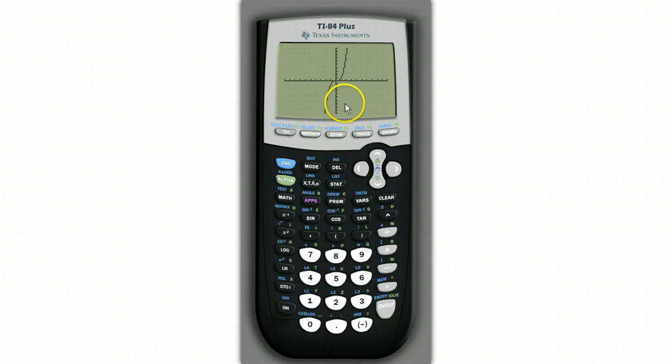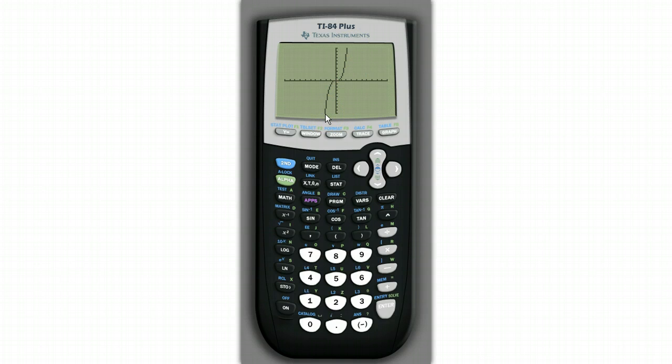Again, this is a familiar graph. This time the graph is entering through quadrant 3 and leaving through quadrant 1. What's important here is that it is an odd exponent and the coefficient is positive.